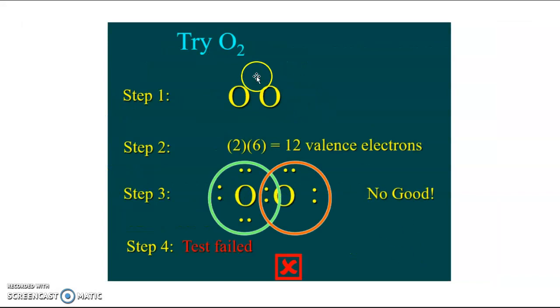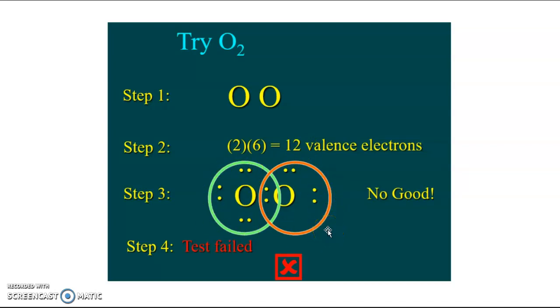Let's see. For example, every atom of oxygen has 6 valence electrons. Then 6 times 2 is 12 valence electrons. We first put a pair of electrons between the 2 atoms, and then we fill the rest of the 10 electrons around the atoms.